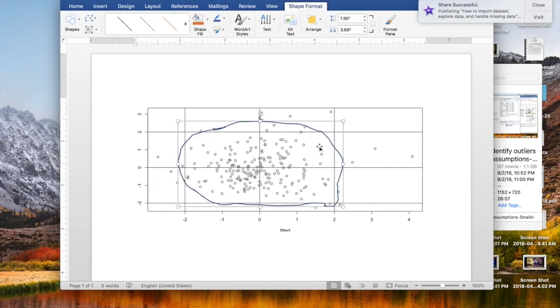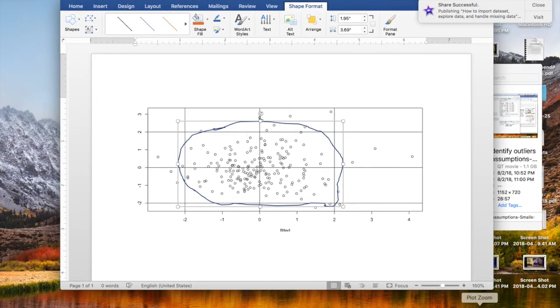Basically what you don't want is a very obvious shape in any one of these quadrants in any direction. You want them to be pretty much equally spread across all 4 quadrants around the 0 of the y and x axes over here.